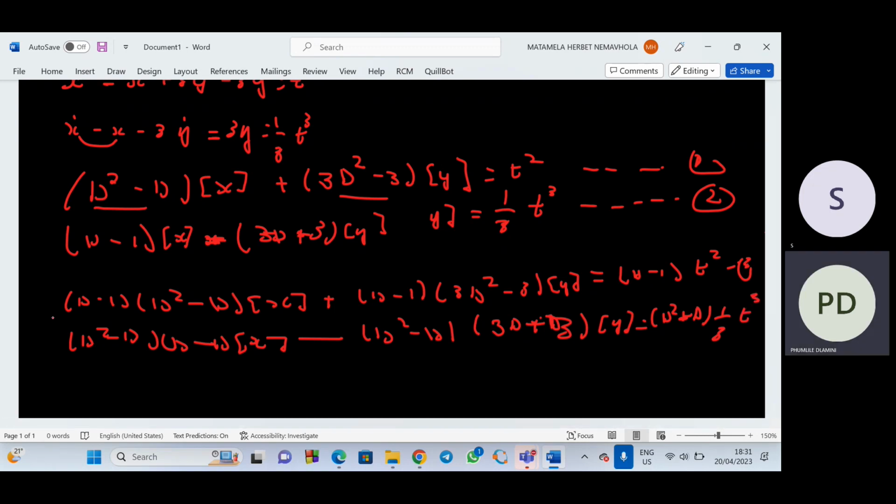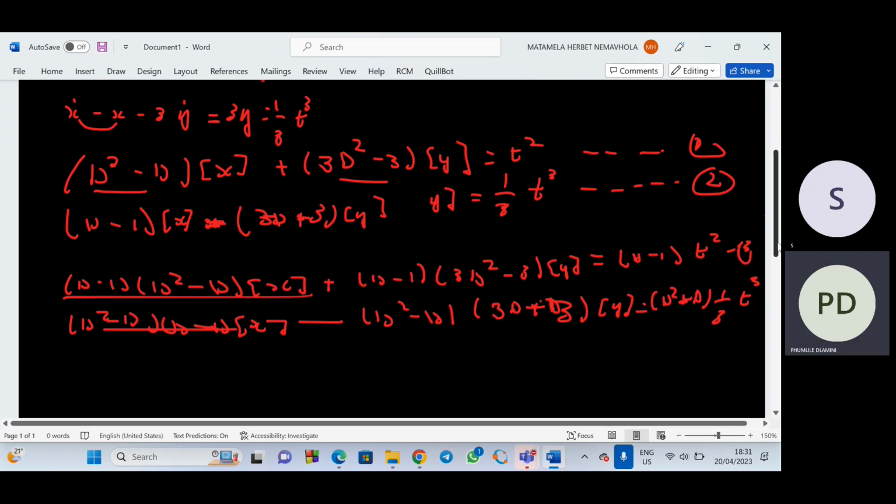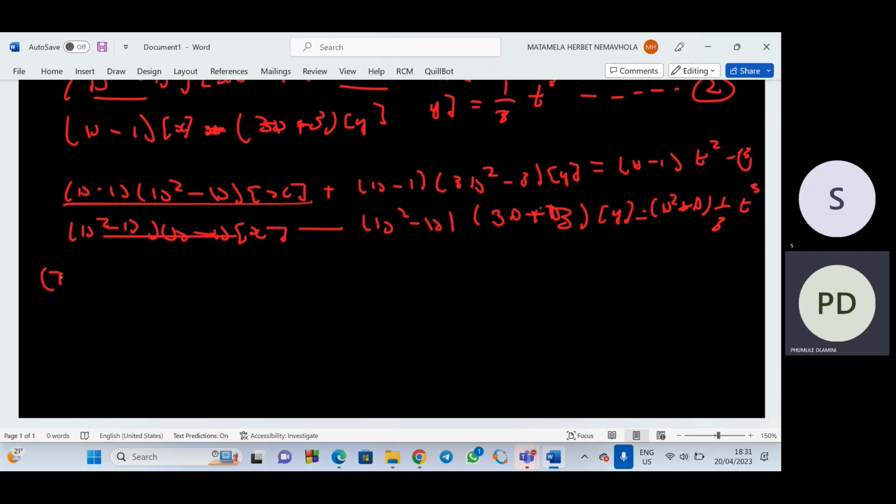So if we subtract this one minus this one, this will cancel with this one. I'm going to say equation 3 minus equation 4. Then this will cancel with this. This one minus this one is going to be plus here.